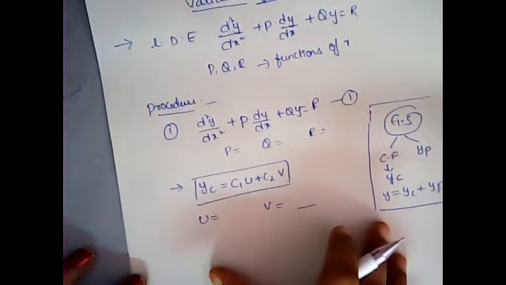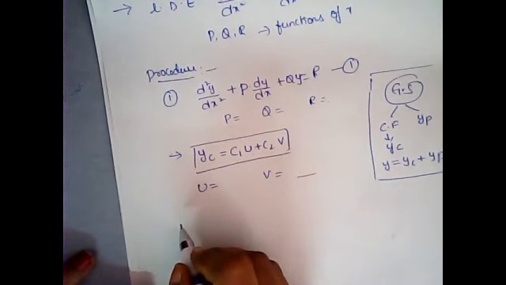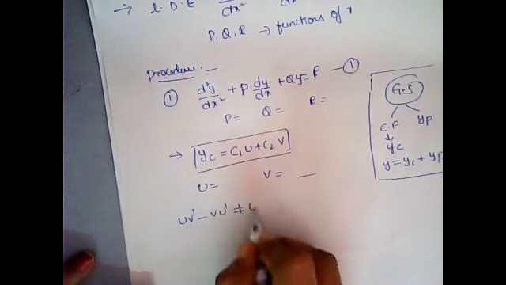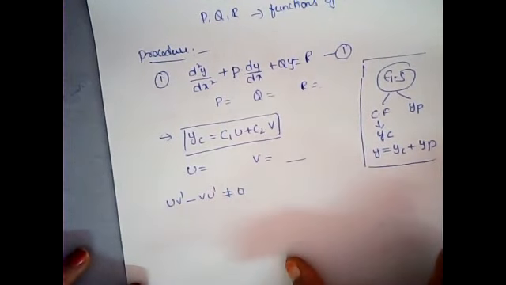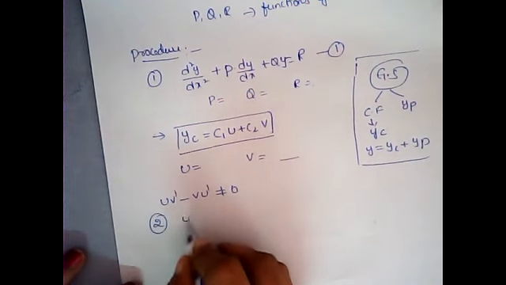After getting u and v value, we need to check the condition whether uv dash minus vu dash is not equal to 0 here. It should not be equal to 0. After checking this condition, we need to go for yp here.